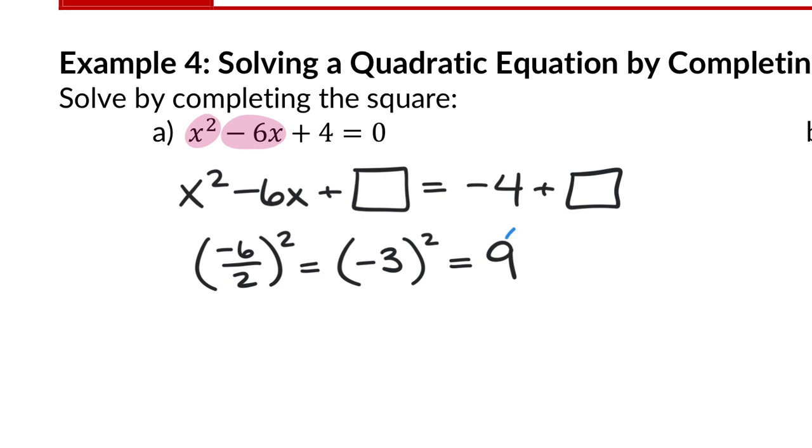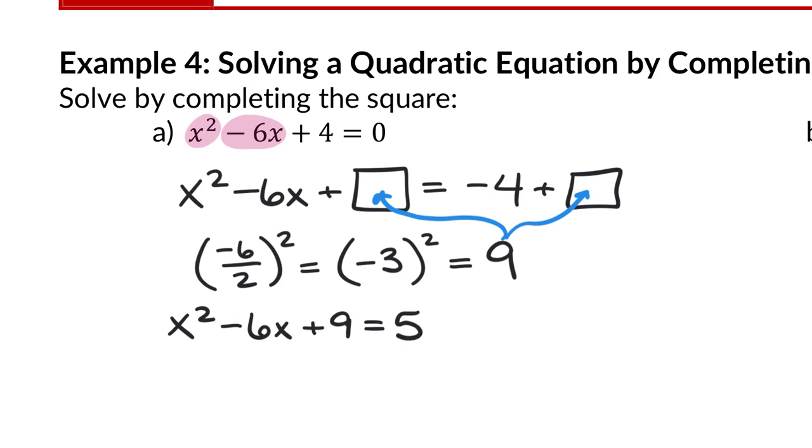That 9 goes in the box. Okay? So if I rewrite this equation, I'm going to have x squared minus 6x plus 9 equal to 5. Where'd the 5 come from? Negative 4 plus 9. Okay, great.